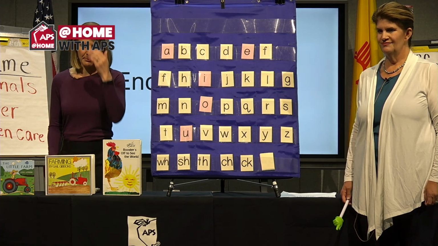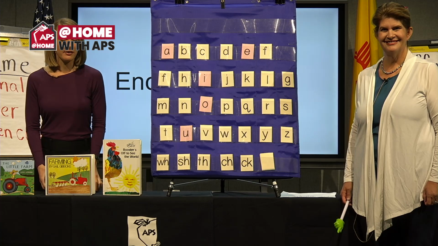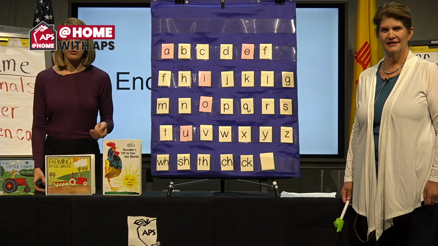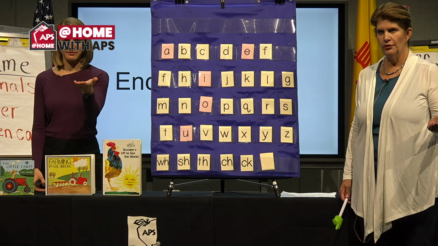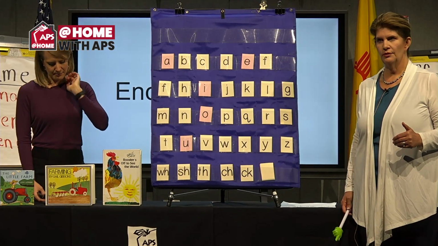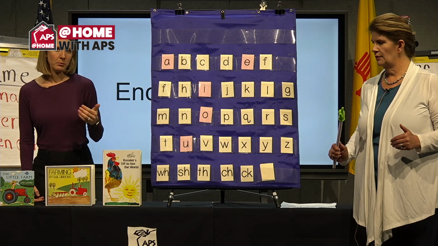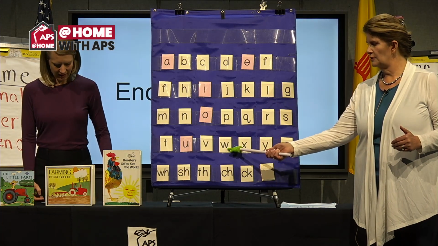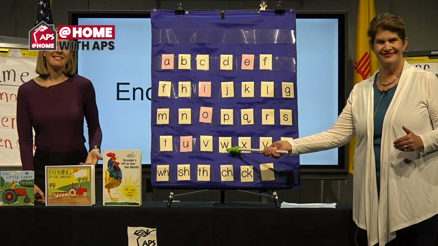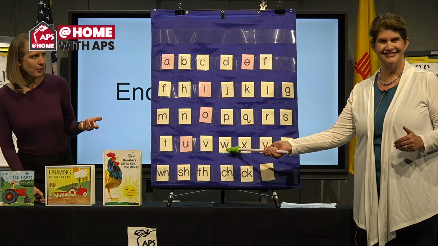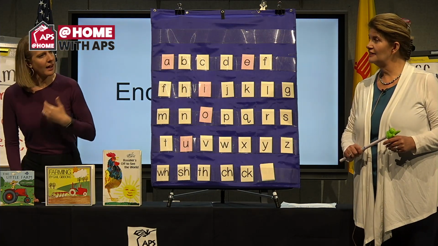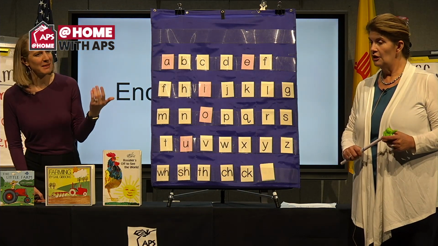Let's go through the process of encoding. For example, say the sound W. Now, Miss Mary, will you point to the letter that says W? That's right, it's W. Let's do a couple more where I say the sound and you point to the letter that makes that sound.